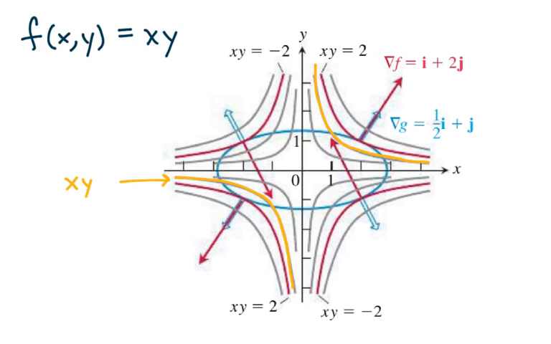That curve there is xy equal 1, or rather y equals 1 over x. And what we have found is that we're going to maximize or minimize this function on this constraint where it's touching the ellipse for y equals 2 over x, which is this red function.